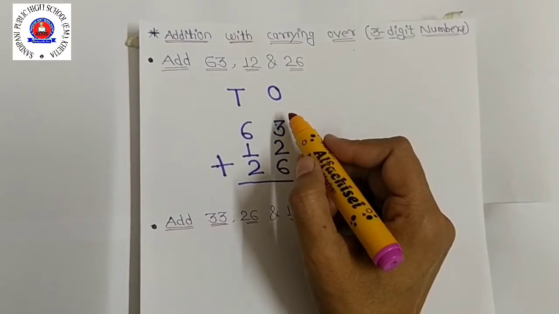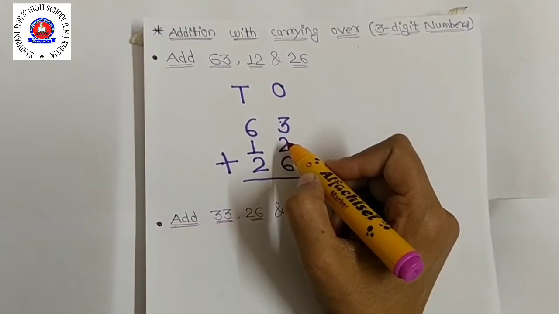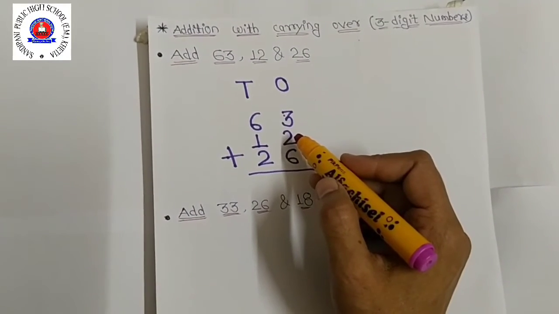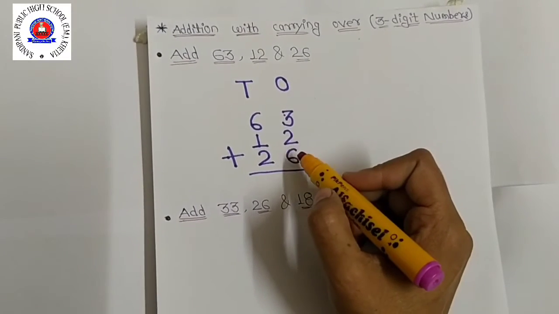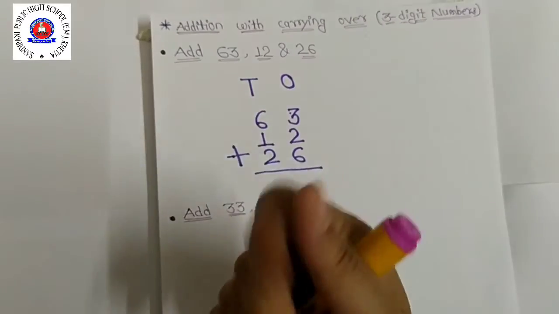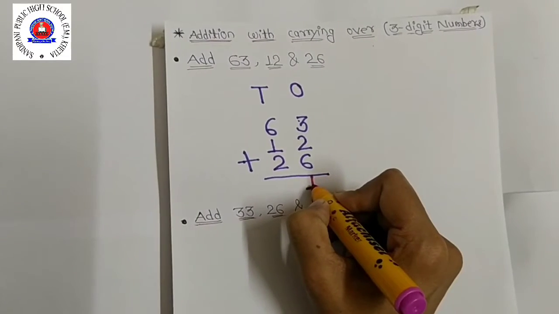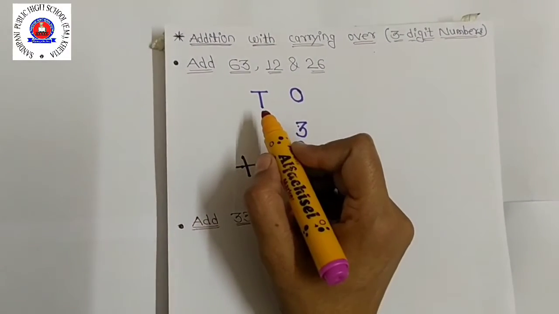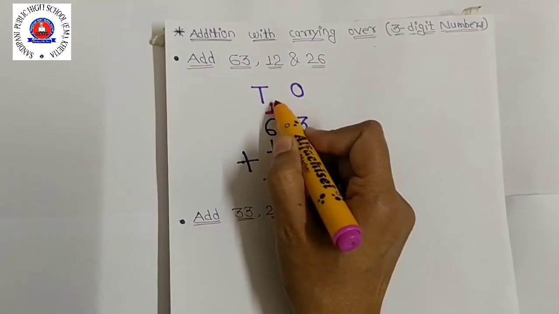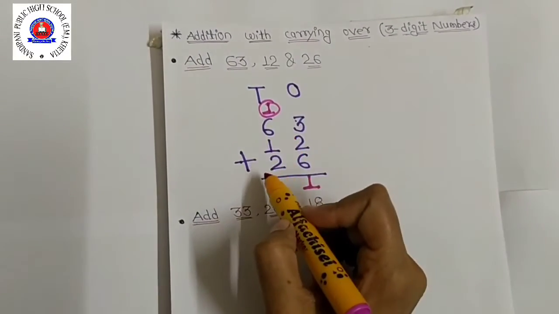Step number 1, add the digits in the ones column. So 3 plus 2 plus 6. 3 plus 2 is what? 5. And 5 plus 6: 6, 7, 8, 9, 10 and 11. So write here 1 in the ones column and carry over 1 ten to the tens column.